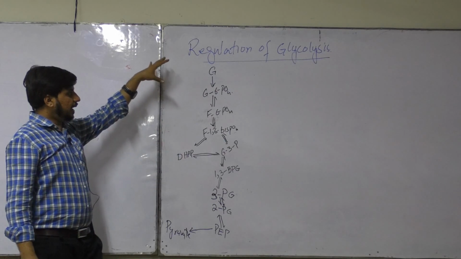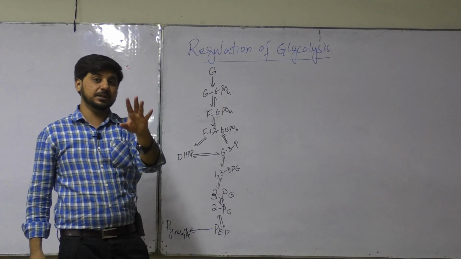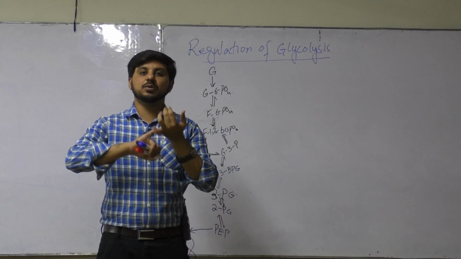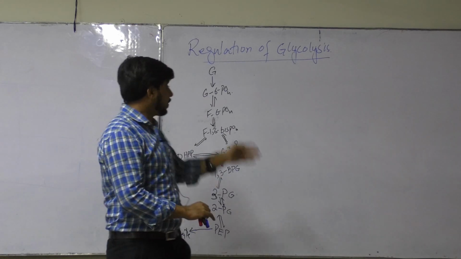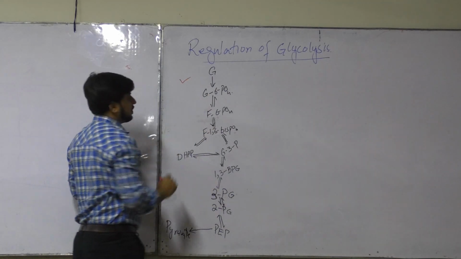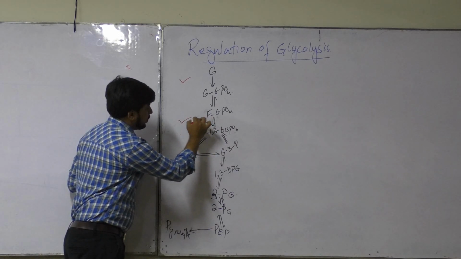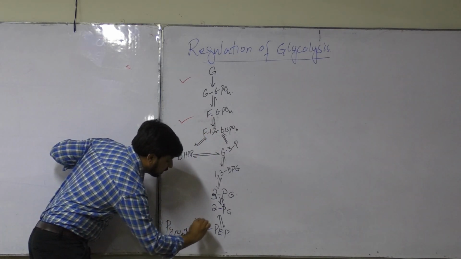Today, as we are going to discuss the regulation of glycolysis, remember that the regulatory chemical reactions are the irreversible ones. This one is an irreversible chemical reaction, as well as this one, and this one.